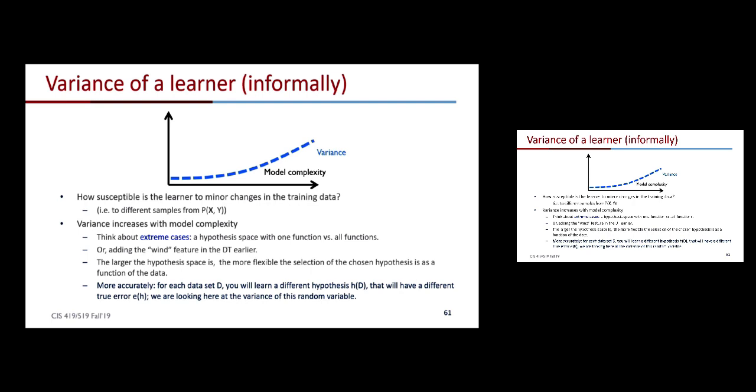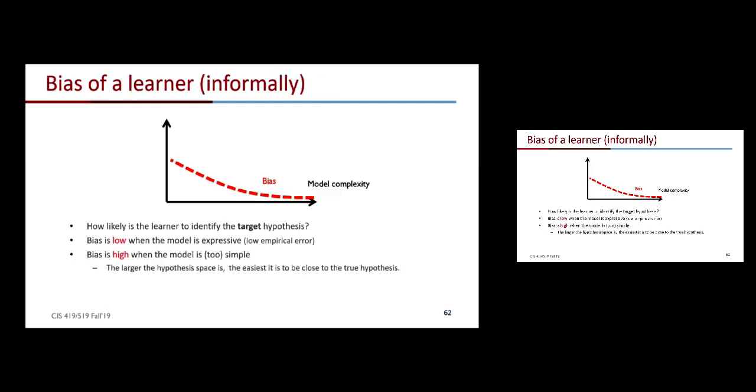On the other hand, you want to think about bias also. So what is the bias? The bias measures how likely we are to identify the target hypothesis. Again, think about the two extreme cases. If you have one function in your hypothesis space, you look at the data, you're bound to choose this one function, and the error could be large.